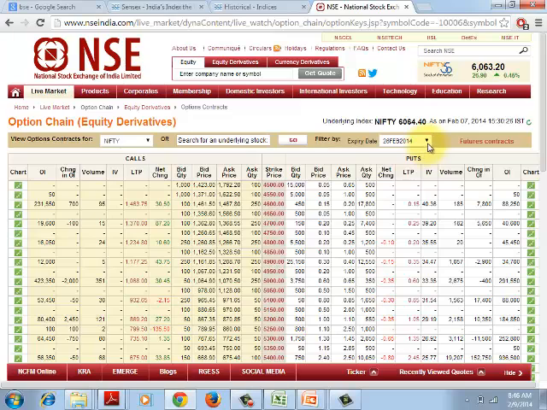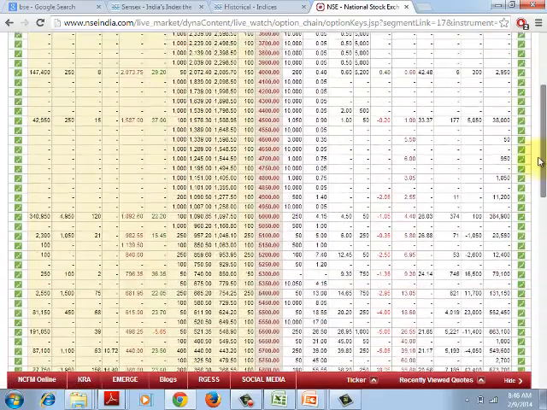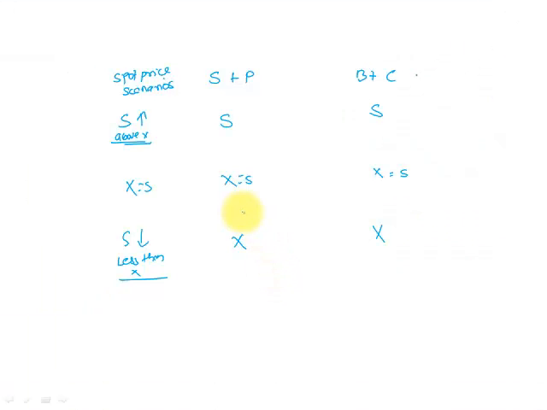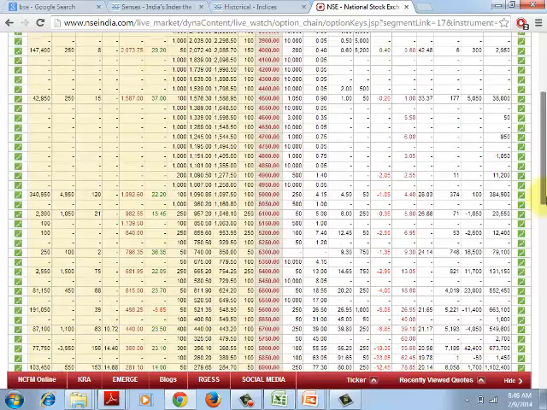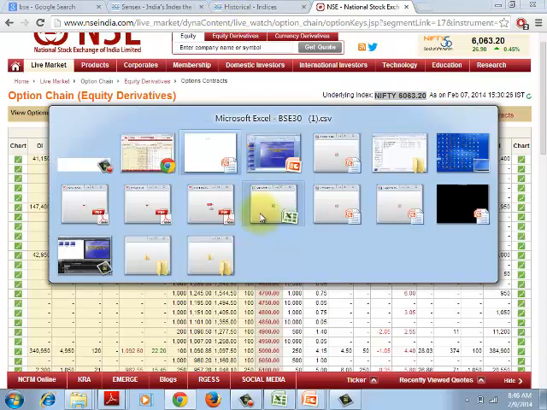We'll pick up a derivative on index. Let's take 27th March. Now write down key data. Strike price 6100. So I'll write it here as well. Strike price 6100. Spot price here is 6063.